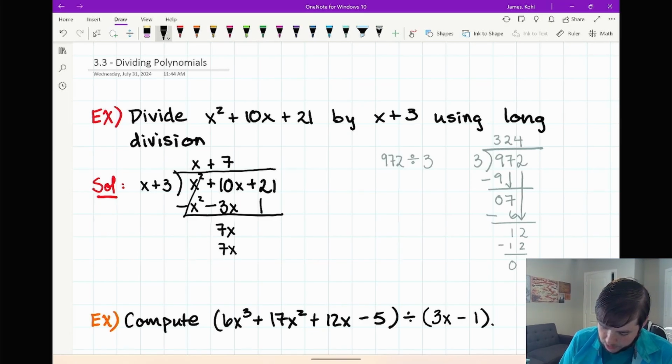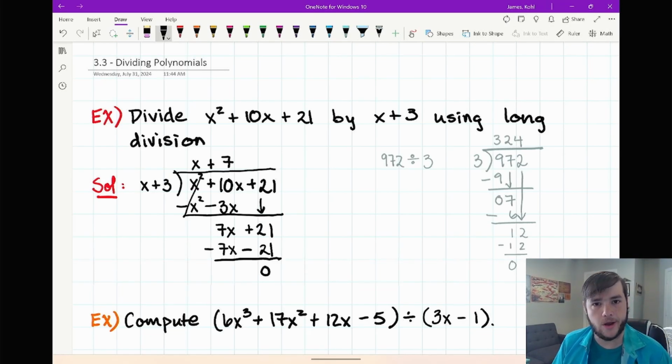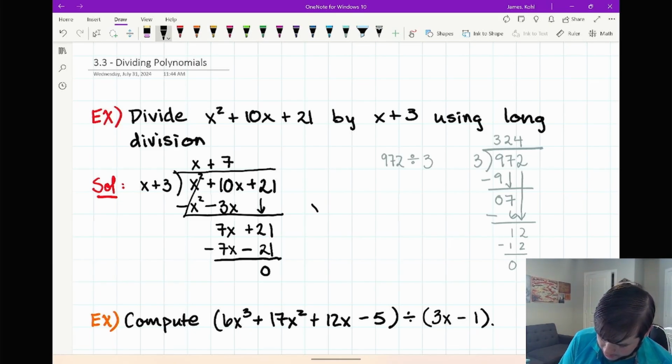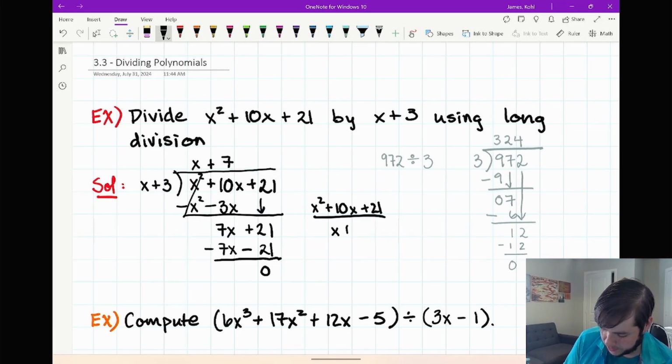Oh, and I forgot to bring down my 21, plus 21. Of course, now I subtract everything off, and I am left with a remainder of 0. So I get that x squared plus 10x plus 21 divided by x plus 3 is x plus 7.